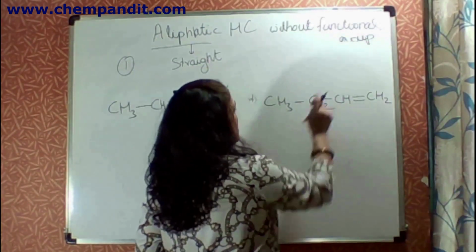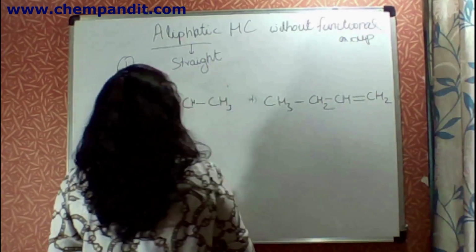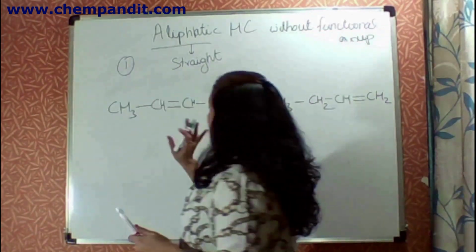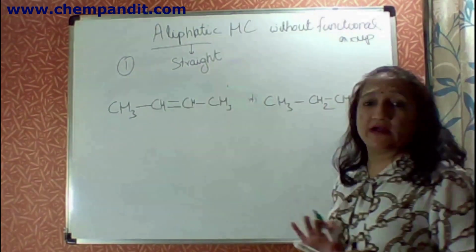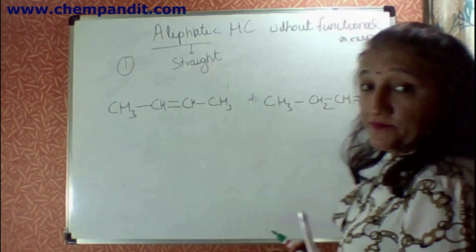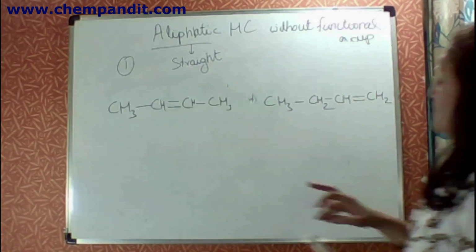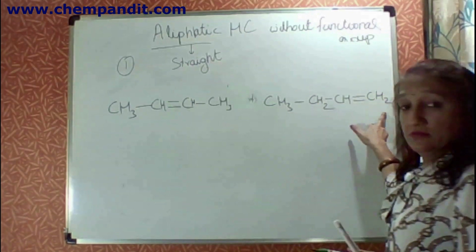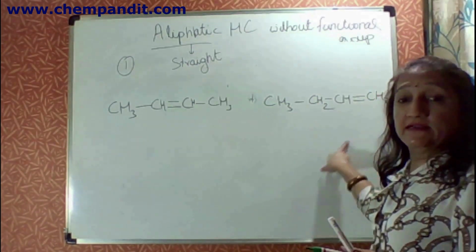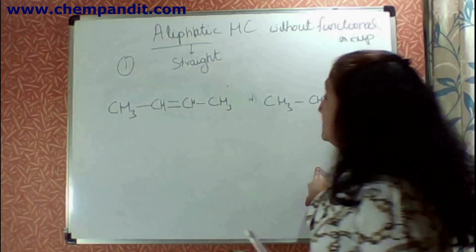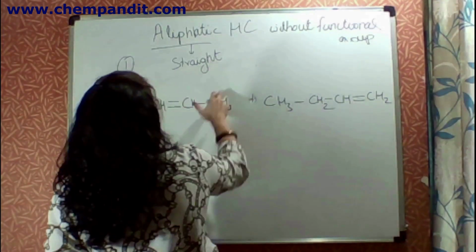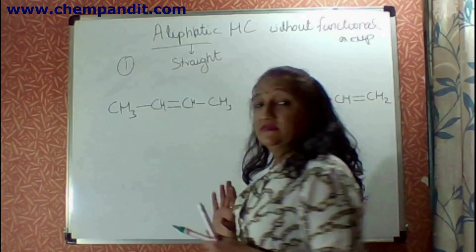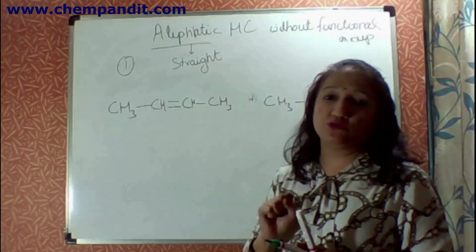Suppose these are 2 compounds. In both the compounds, we have 4 carbon atoms. Right? 1, 2, 3, 4, 1, 2, 3, 4. And both the compounds contain a double bond too. Right? And the position of the double bond is different. Only this is the difference between these 2 compounds.